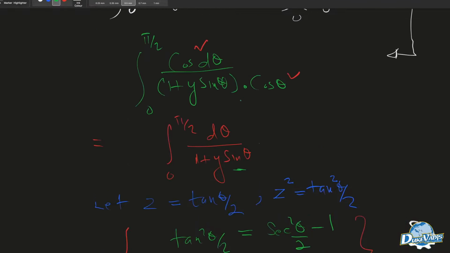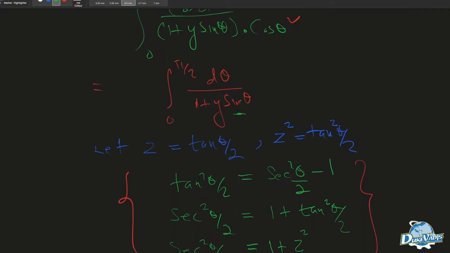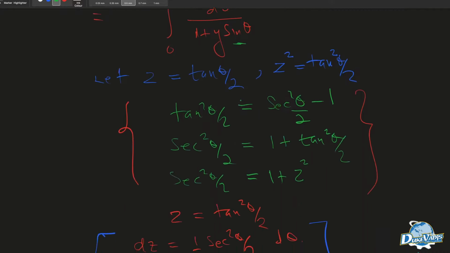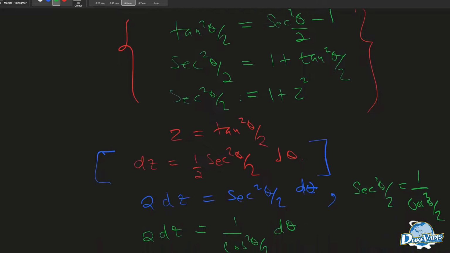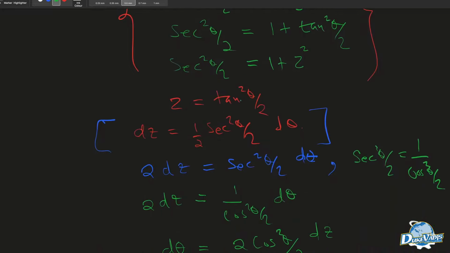Now if we look at it very carefully, our cos squared theta can help us to do a certain kind of substitution. So let's do that substitution and see.